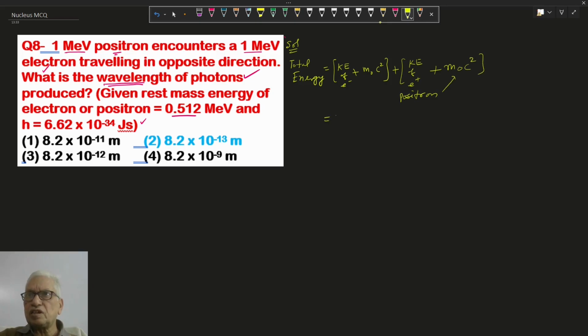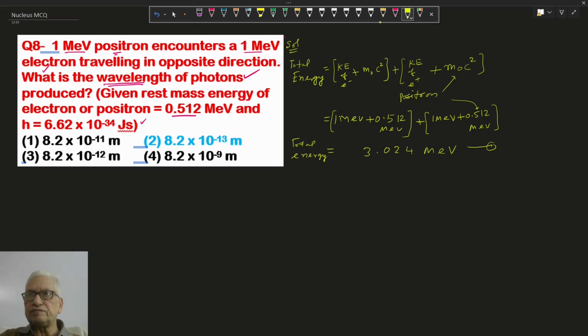Kinetic energy is 1 million electron volt plus 0.512 million electron volt per electron, and the same for positron: 1 million electron volt kinetic energy and 0.512 million electron volt rest mass energy. If we sum all these, we get 3.024 million electron volt total energy, and this is the total energy which is converting into photons.